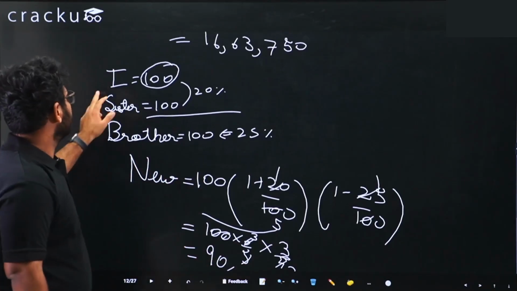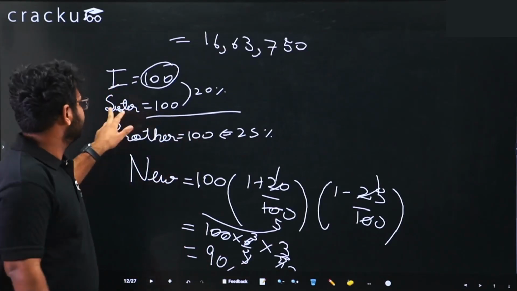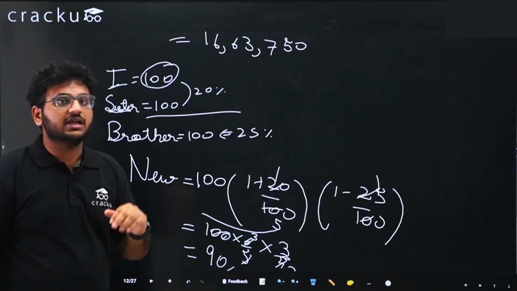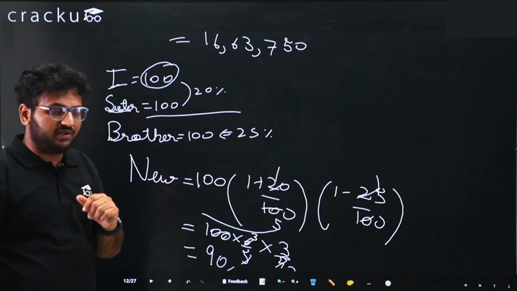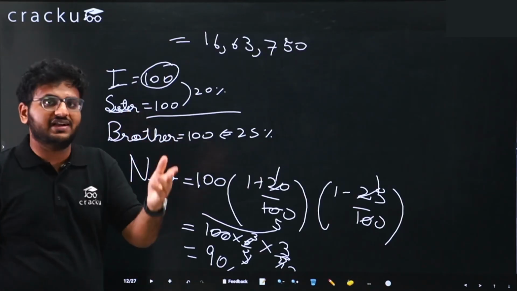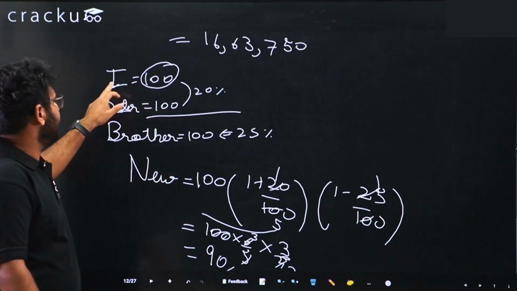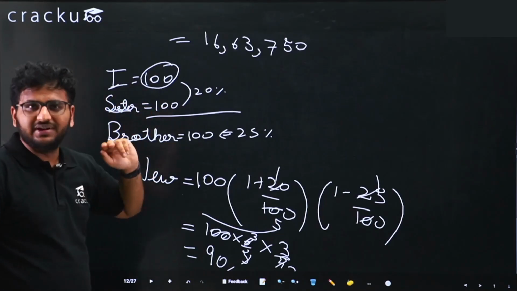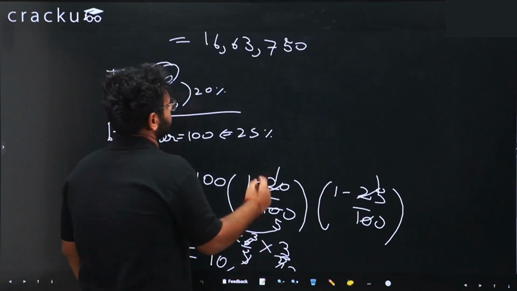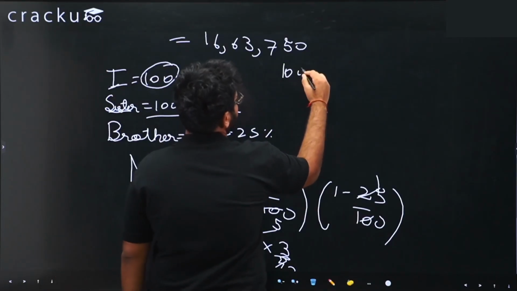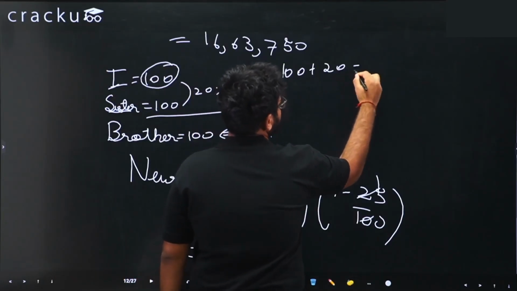Let's calculate. So I had 100 chocolates. My sister gave 20% of her chocolates. So she gave 20 chocolates to me, because 20% of 100 is what? 20 by 100 into 100, which is equal to 20. So I had 100 chocolates and she gave me 20% of her chocolates. So now I will have 100 plus 20, which is equal to 120.